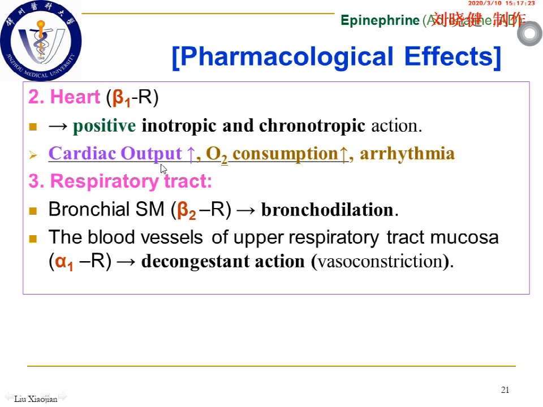At the same time, because the heart works harder, oxygen consumption increases. And because of the positive chronotropic effect, it may also increase AV conduction. It has a potential to induce tachyarrhythmia.